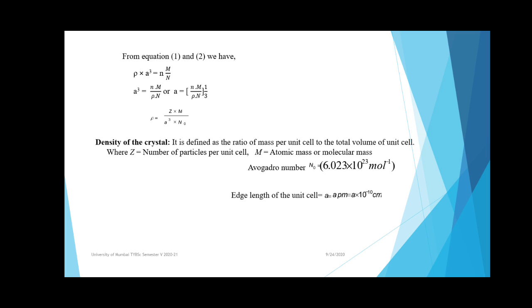Now if you want to calculate the density of the crystal, it is defined as the ratio of mass per unit cell to the total volume of unit cells, where Z is the number of particles per unit cell, M is the atomic mass or molecular mass, and N is Avogadro's number. If you have all the parameters, then you can easily calculate the density.